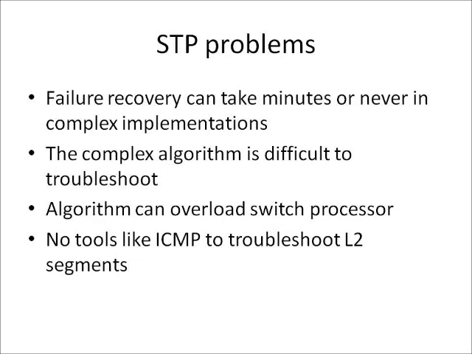We won't get into all of them or into any depth, but the largest issue is that it was designed 20 plus years ago when networks were much smaller, when a typical network might have only had 2, 3, 4 bridges inside of it. It was not designed for the size and complexity that we have today, and failure recovery can take minutes in many cases, and sometimes might not ever happen because of the way spanning tree works.